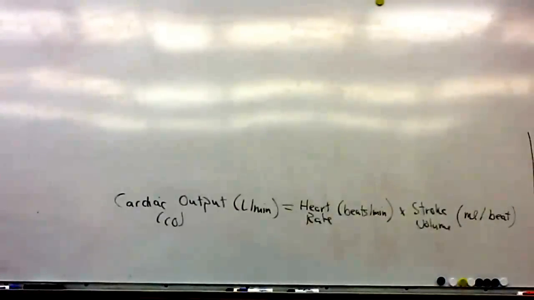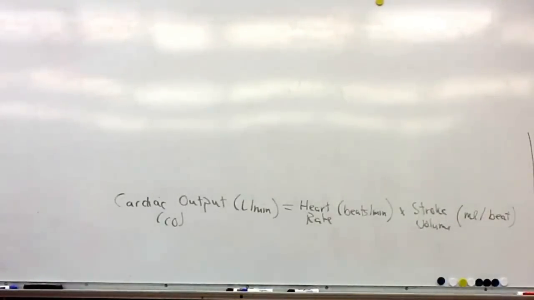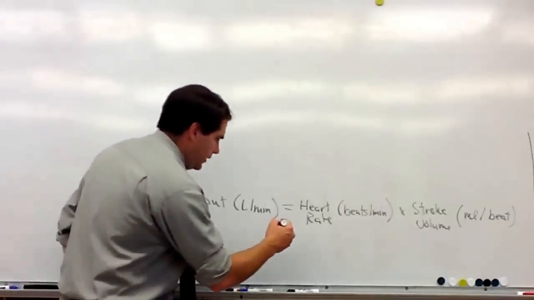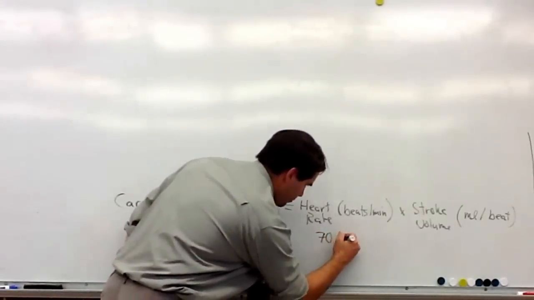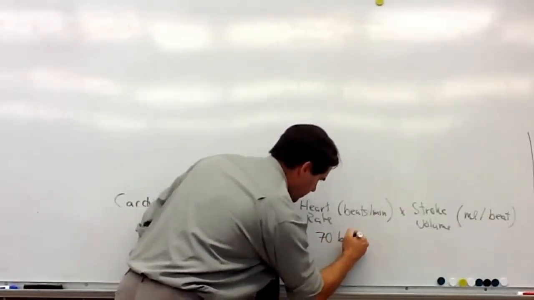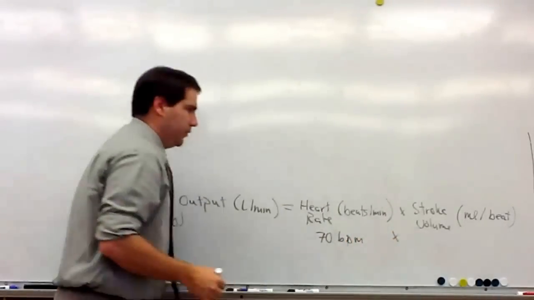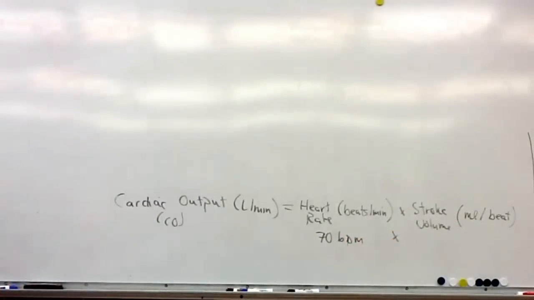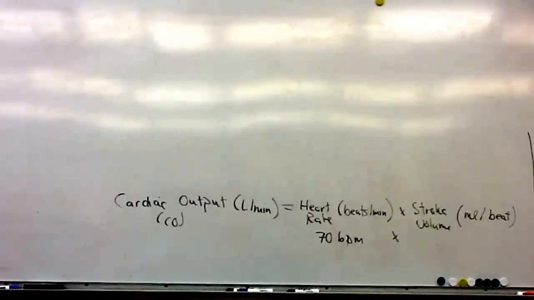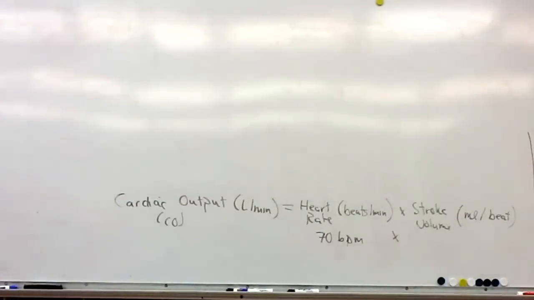So heart rate is essentially how many beats per minute. That one's pretty obvious. Stroke volume is just a term for any pump. It's how many milliliters of fluid are moved per cycle of that pump. In the case of the heart, that's obviously how many milliliters are pumped every beat of the heart. Typically, heart rate is 70 beats per minute, and a typical stroke volume is 60 to 70 milliliters per beat.